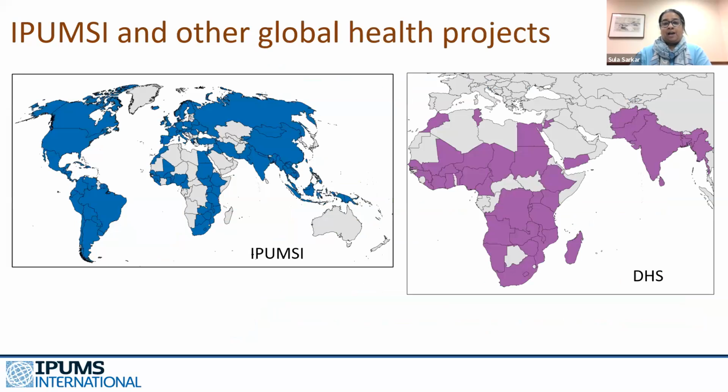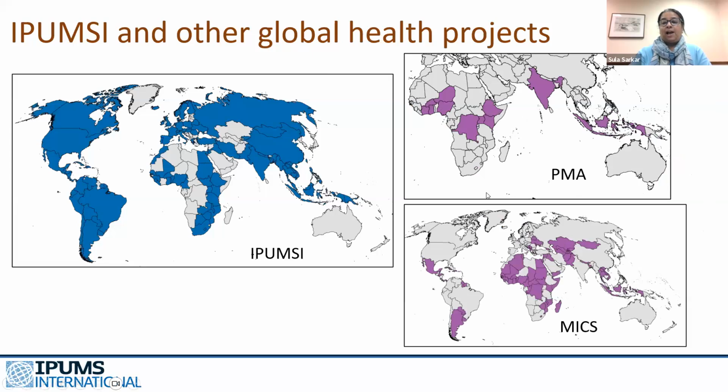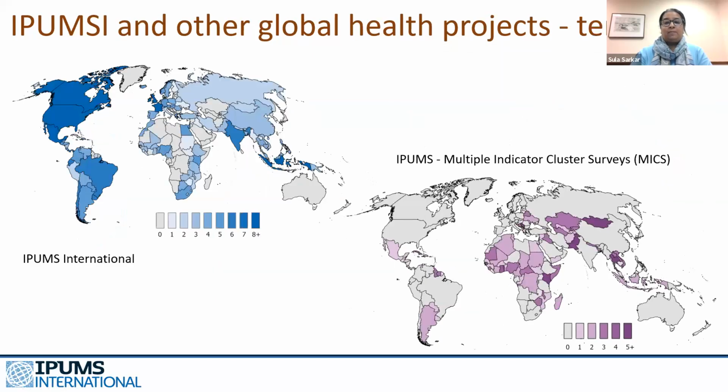And then I'm going to show you how we overlap in terms of the spatial coverage, like the countries that are covered. On the left, it's the IPUMS International Census data, and on the right, you have the Demographic and Health Survey. As you can see, the countries overlap, and same for PMA and mixed. So what you can do with all this overlap is a lot.